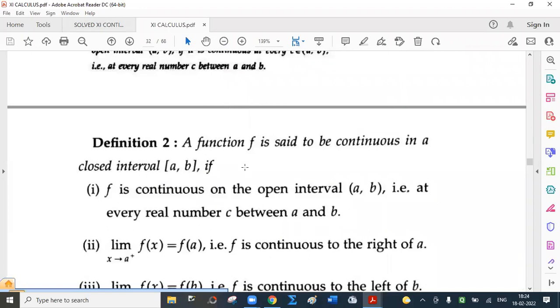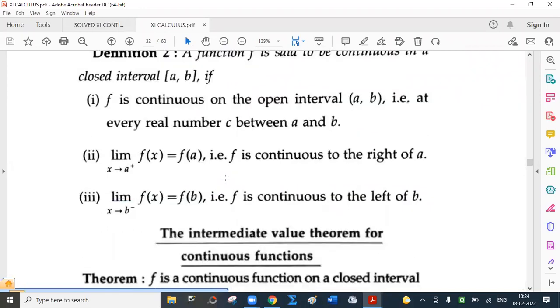The second definition is for a closed interval. A function f is said to be continuous in a closed interval [a, b]. This is quite logical. If, number one, f is continuous in the open interval (a, b), that is at every real number c between a and b, then f should be continuous to the right of a. Why only to the right of a? Because numbers to the left of a do not belong to this interval.